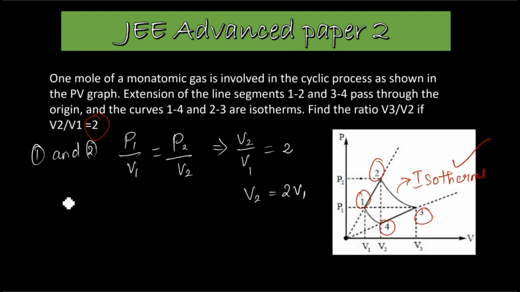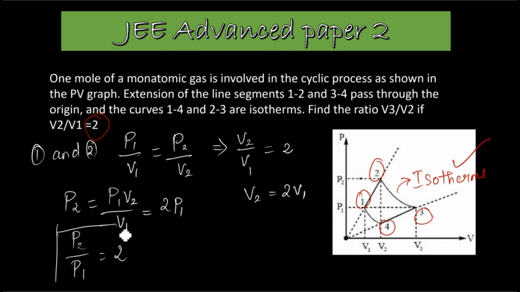So in that case, P2 will obviously become P1 V2 by V1, so it will become 2P1. Isn't it? Because V2 by V1 is equal to 2. Or otherwise, I can say P2 by P1 is equal to 2. So that is the value I got.